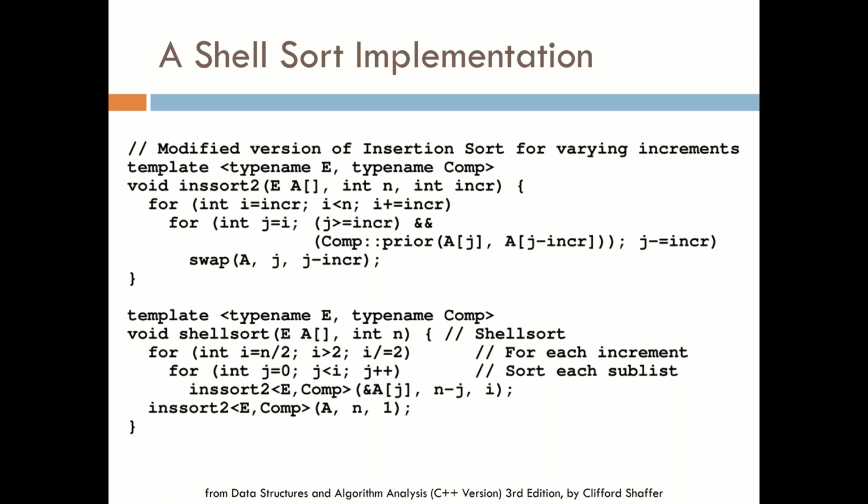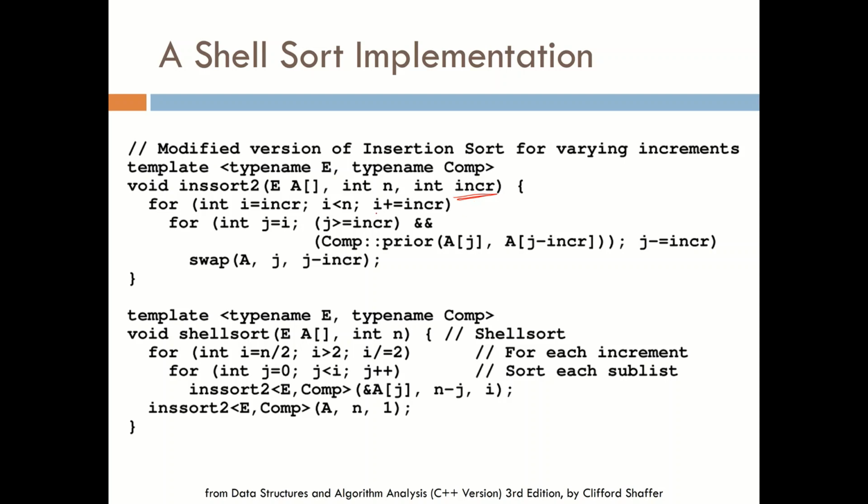Here is a ShellSort implementation from another textbook, and you notice that it has the modified insertion sort, which it calls insort 2. The only difference between this and the insertion sort that we've previously looked at is that this parameter called an increment is what's used to bump up the array count.